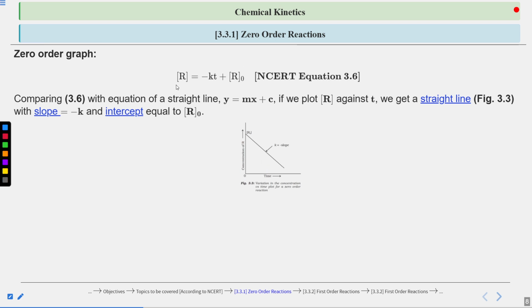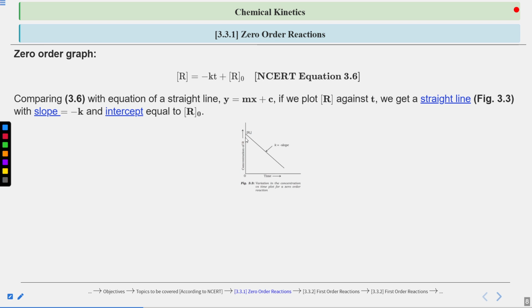So when you compare equation 3.6 with y equals mx plus c, where y is the concentration of reactant, which is this R, x is time, so this is t, right? That means m, the slope, is minus k, and c, that is the intercept, is R naught. So this whole intercept at the y-axis is R naught.